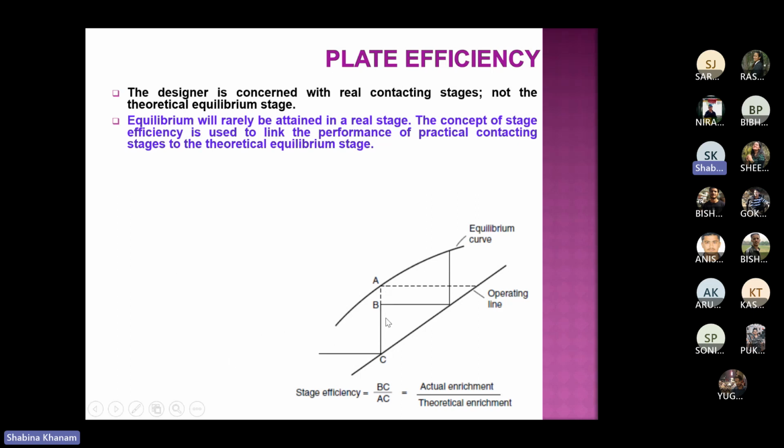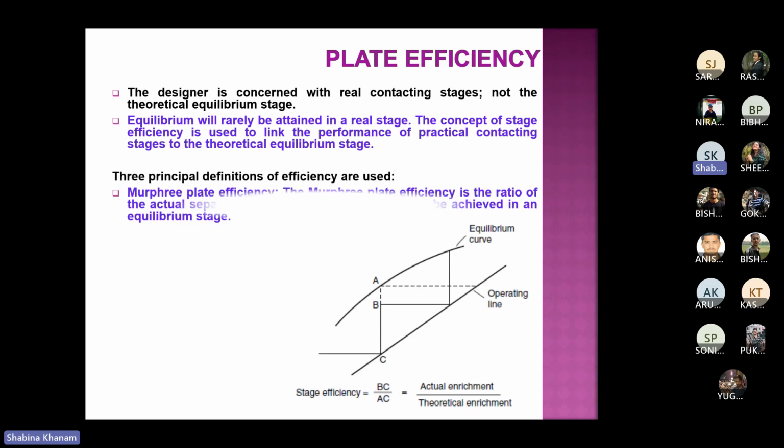In actual sense we reach up to enrichment point B only, not point A. So the stage efficiency is BC by AC. That has been defined by Murphree, and therefore it is called the Murphree plate efficiency. So Murphree plate efficiency is the ratio of actual separation achieved to that which would be achieved in an equilibrium stage.